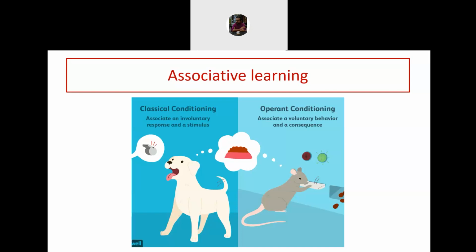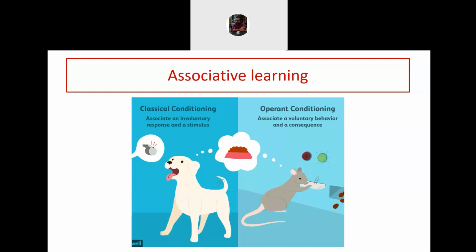Operant conditioning, on the other hand, is a hit and trial method. In this case, you do not pair the stimulus. Suppose in the whole cage, there is one button or one lever as shown here, which the rat can use. And when the rat presses this, food comes out of a hole. Now the rat was never trained to do that, nor did you instruct the rat to do this.